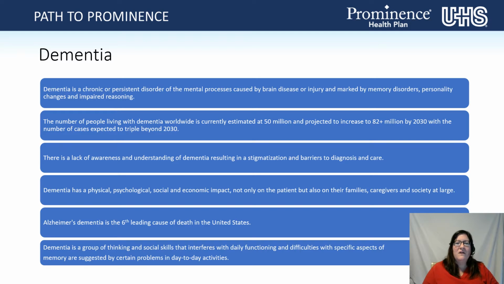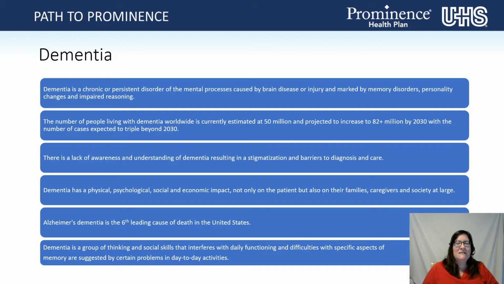There is a lack of awareness and understanding of dementia, resulting in a stigmatization and barriers to diagnosing and care for patients. Dementia has a physical, psychological, social, and economic impact not only on the patient, but also on their families, caregivers, and society at large.